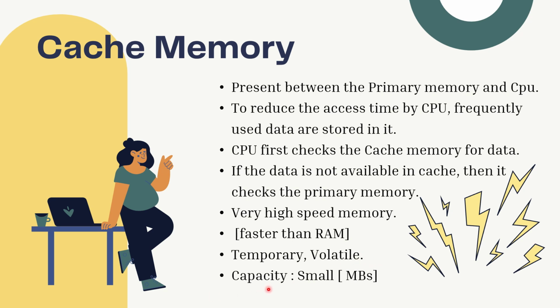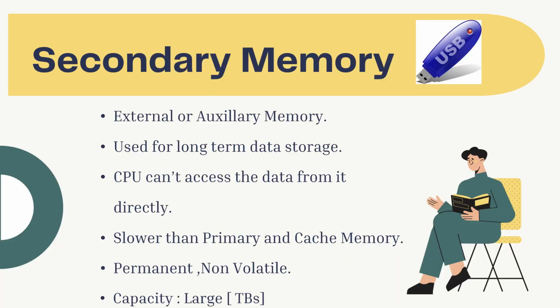The capacity of the cache memory is very small, in megabytes, because we are going to store only the frequently used information. So the size is small compared to the primary memory, but the speed is very high.